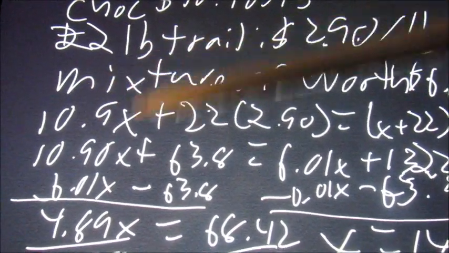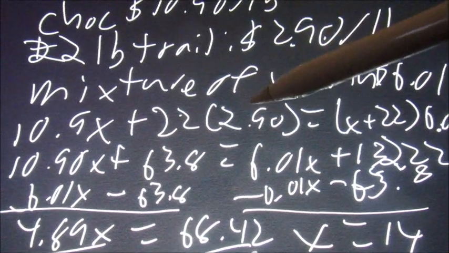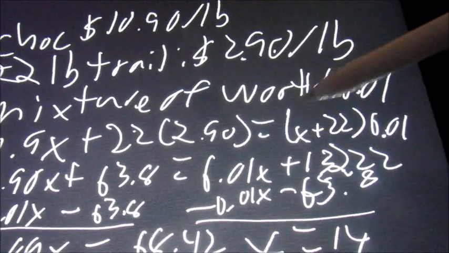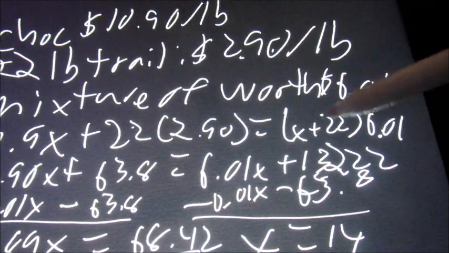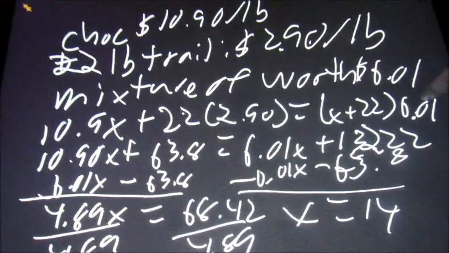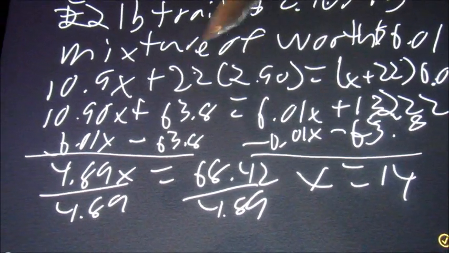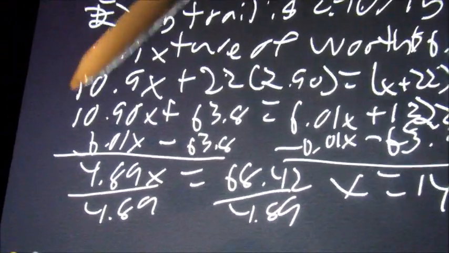So 10.9x plus 22 pounds times $2.90 equals x plus 22 for the total pounds that we're going to have times 6.01. We're going to distribute the 6.01 and multiply the 22 times 2.90.